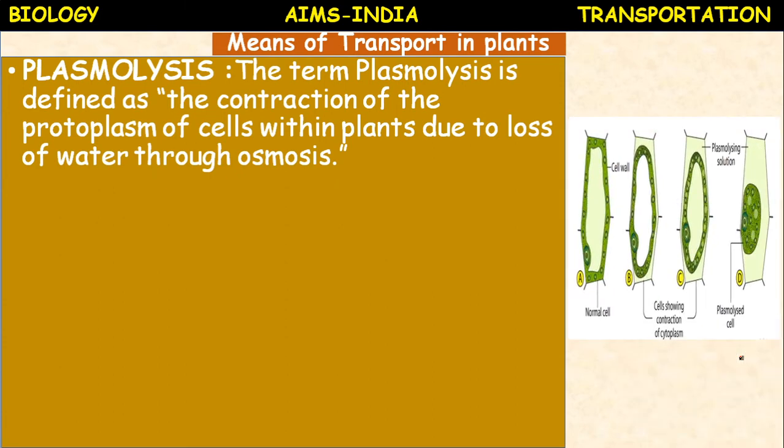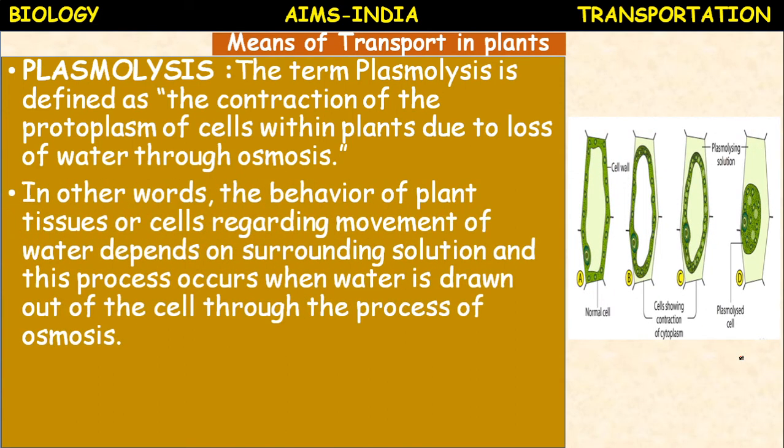In other words, the behavior of plant tissues or cells regarding the movement of water depends on the surrounding solution, and this process occurs when water is drawn out of the cell through osmosis, exosmosis. The water will be lost from the cell when the condition is hypertonic, meaning the concentration is more inside the cell compared to the external environment.